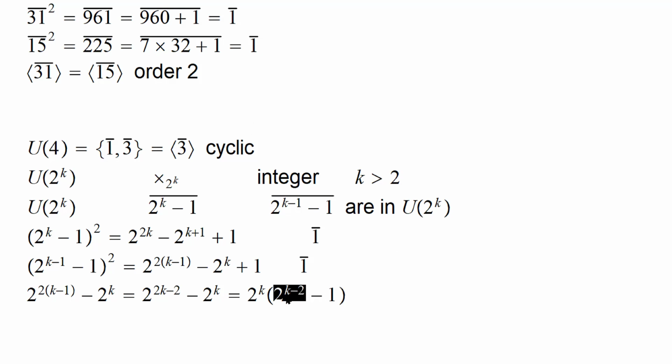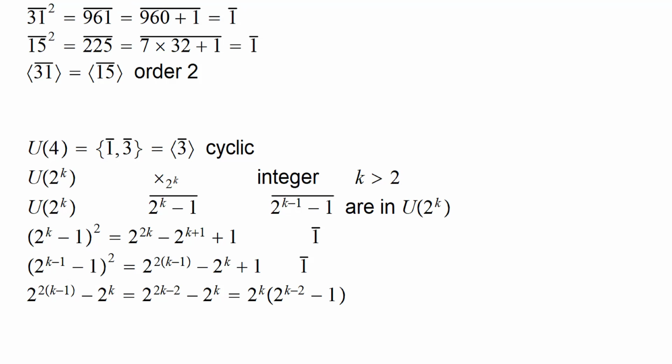So since k is greater than 2, the minimum this will be is 1, right? So what happens is, you can see this is still a multiple of 2 to the k, all right? So the square of this modulo 2 to the k will be 1.